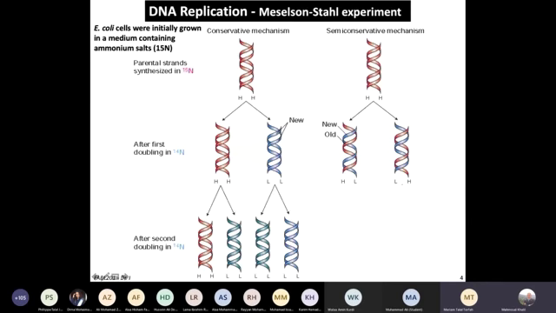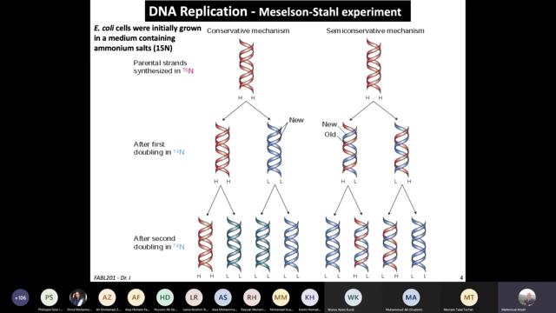Okay, thank you. So you will have heavy light, two daughter bacteria when grown in a normal medium, both of them will have a heavy strand and a light strand of DNA. In the next doubling, in a normal medium of nitrogen, according to the semi-conservative mechanism, each of the heavy light DNA molecules will give two daughter DNA molecules, and each of them will receive a template from the parent.